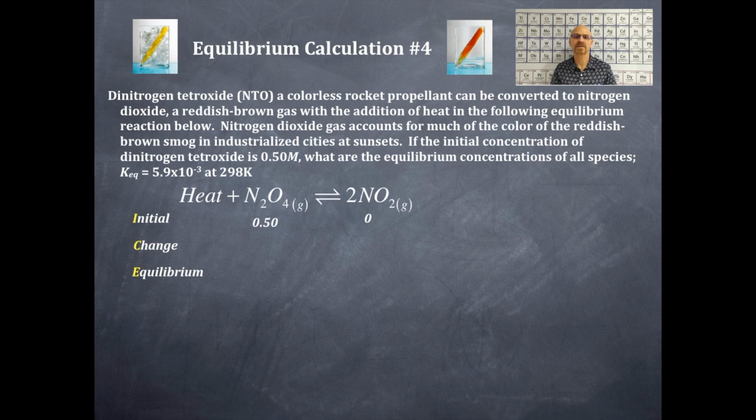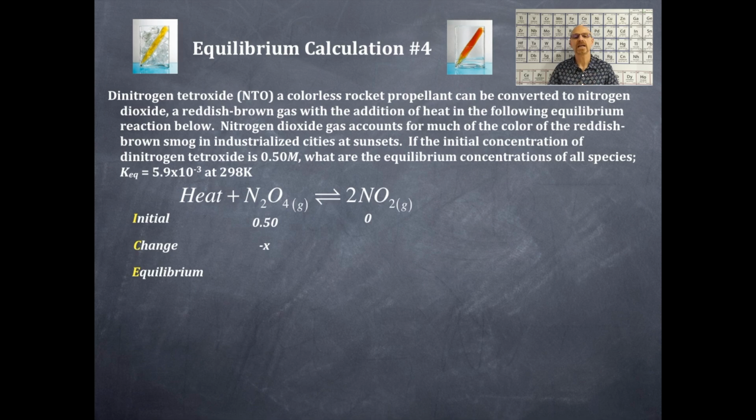Now, I'm looking at the stoichiometric coefficients in front of the dinitrogen tetroxide, which is a 1, and the nitrogen dioxide, which is a 2. I'm going to be using those stoichiometric coefficients. So it's a minus 1x for the dinitrogen tetroxide because it's on the reactant side.